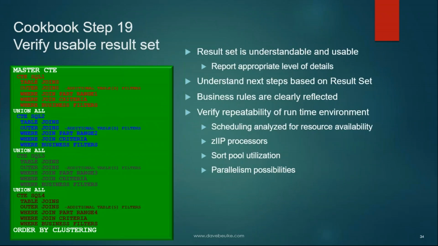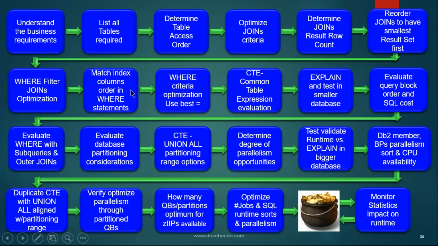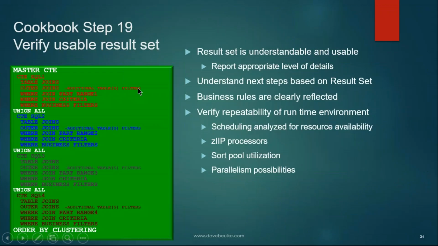Then the next thing you do is take that CTE and create a partition group of it, where you have a partition range on each of the CTEs. So in this, we have a master CTE that sums up all the other CTEs within this UNION ALL structure.